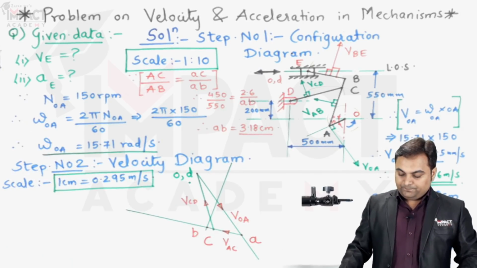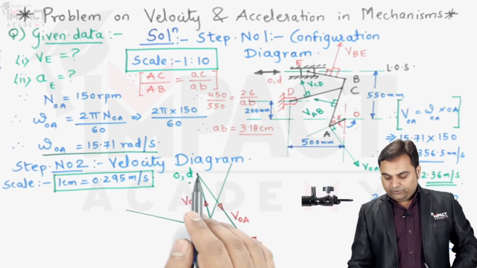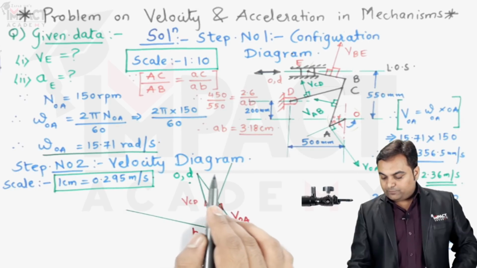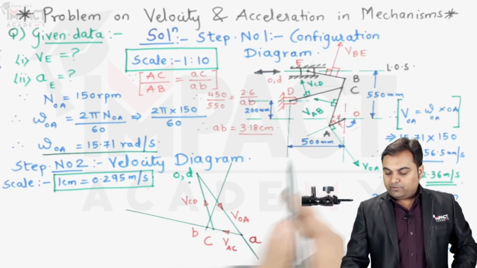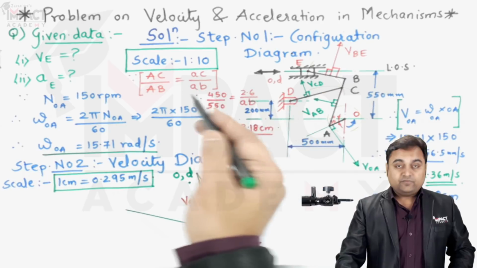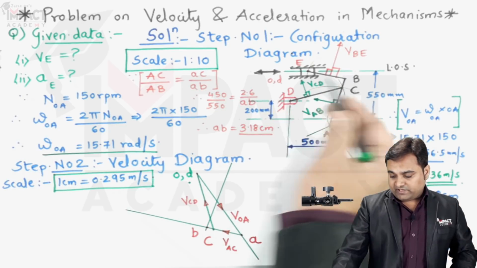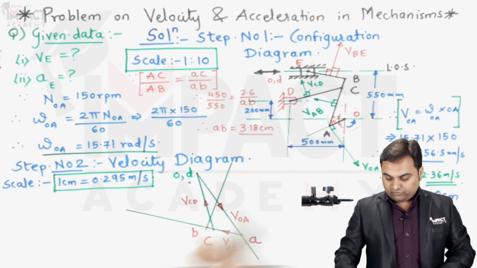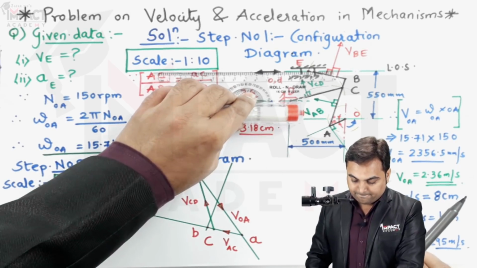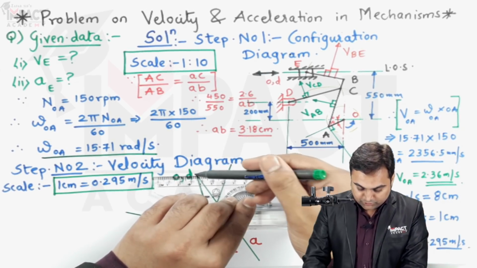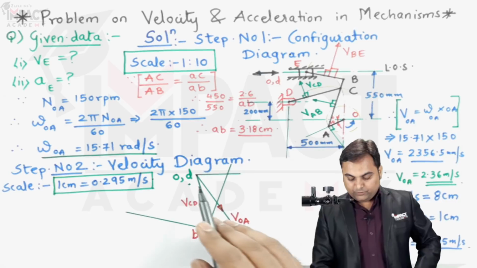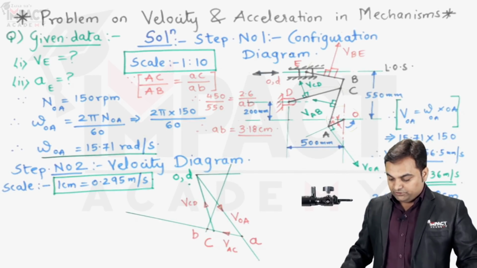drawing a light line. Now from these fixed points O and D, a light line would be projected horizontally, because the linear velocity of the piston or the slider is along the line of stroke, that is horizontal. Drawing a horizontal line from points O and D, because they are the fixed points.